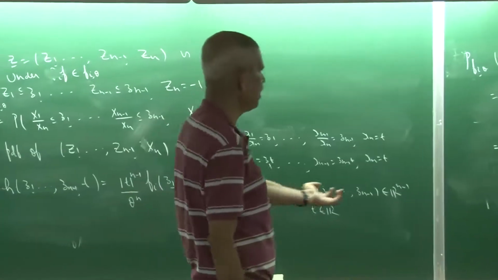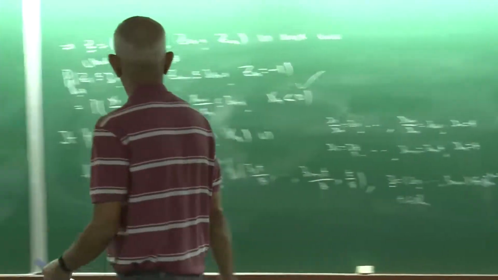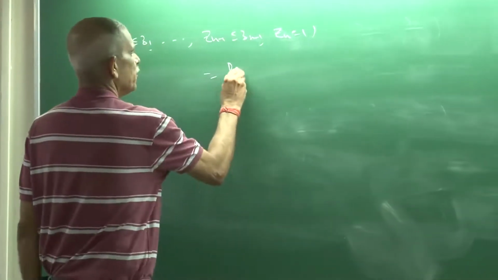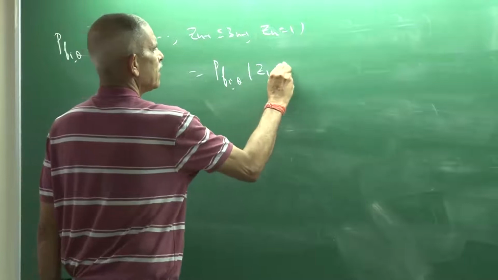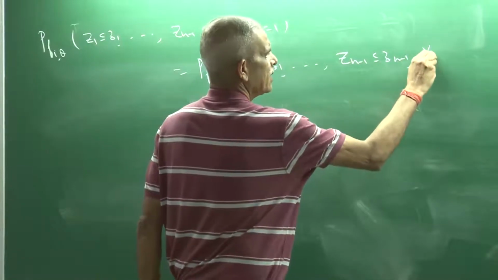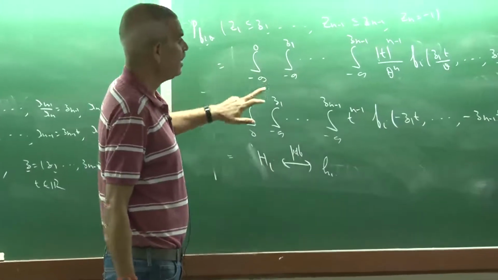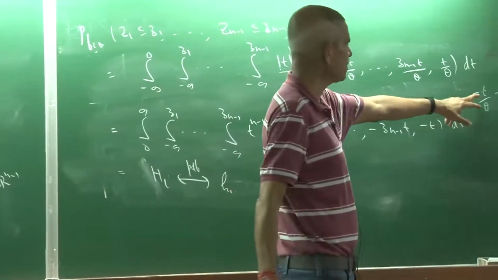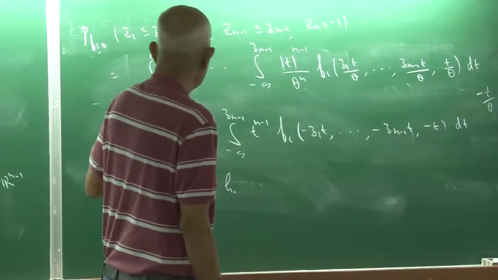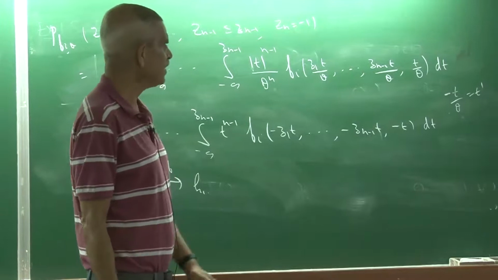Exactly the same, this PDF would still be there, except that now t, which is a probability Xn greater than positive, so which is the same as probability Φ theta with Xn positive. What would happen? Same thing over here, except that this gets converted to 0 to infinity. If it converts to 0 to infinity, I don't make any transformation, I make t by theta as t prime. So the density becomes t to the power n minus 1, Φ of z1 t, zn minus 1 t, and t.